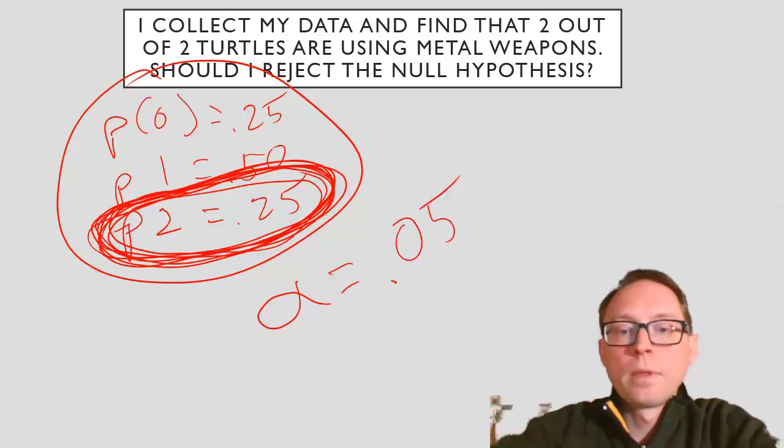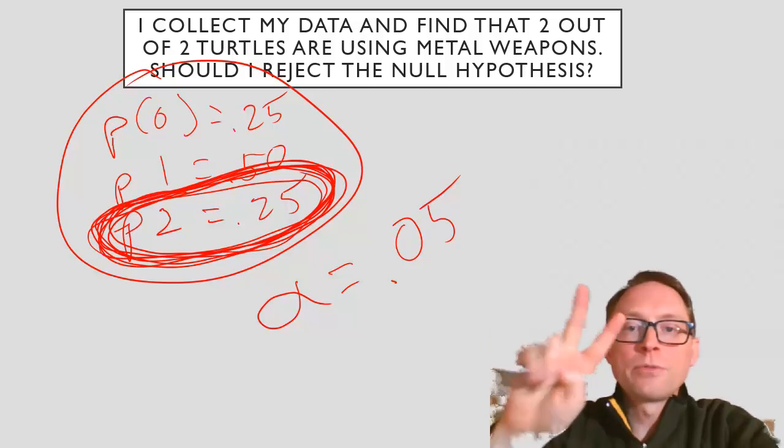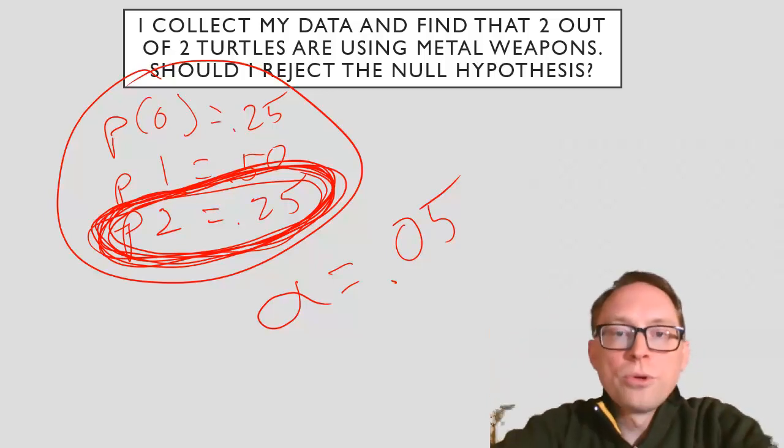Well, that means that if you're only taking a sample of 2, no matter what you do, you can never reject the null hypothesis. Because the only possibilities are 0 people have metal weapons, 1 person has a metal weapon, or 2 people have metal weapons. And the probability of 0 or 2 people having a metal weapon is 0.25 when everything is normal.